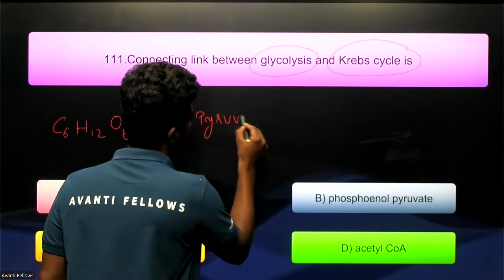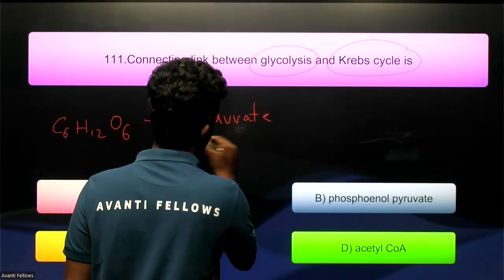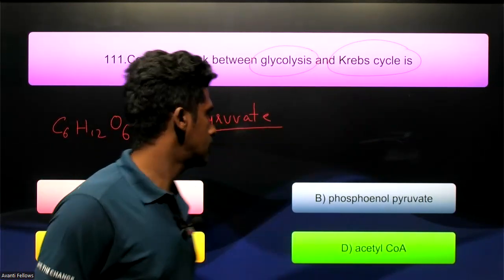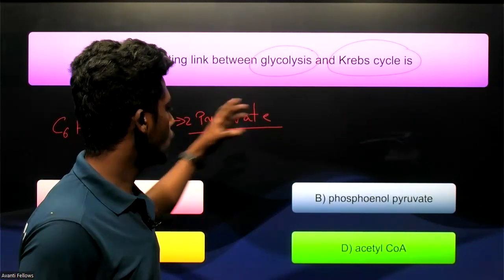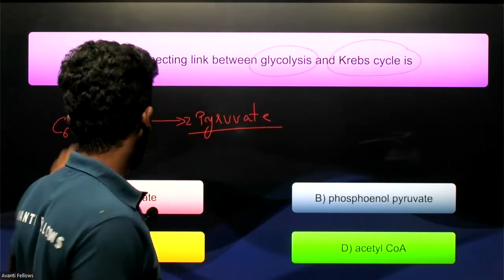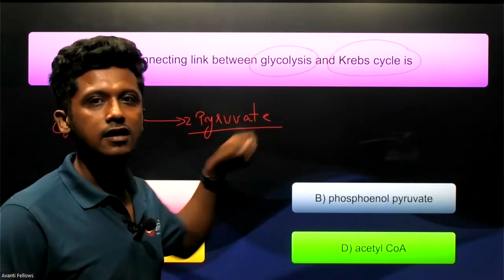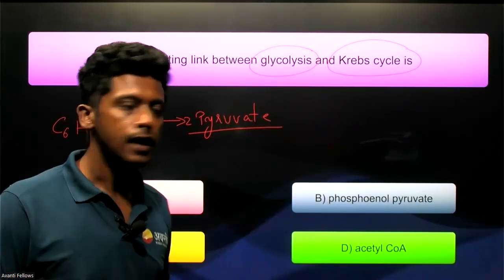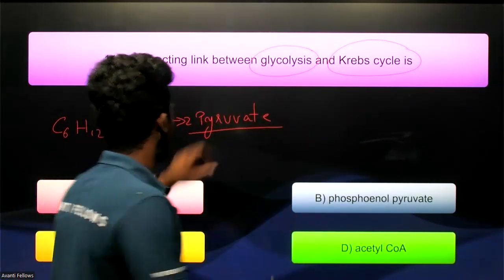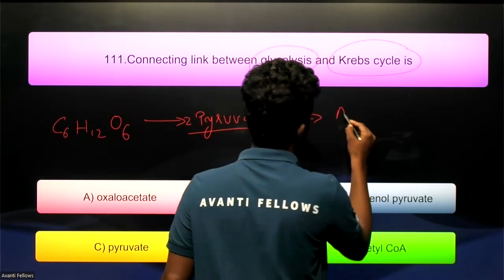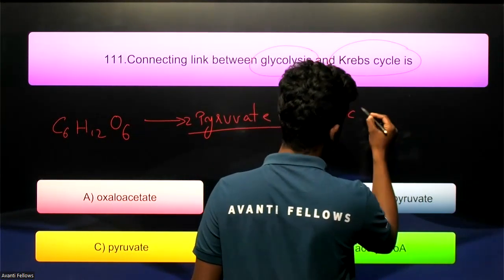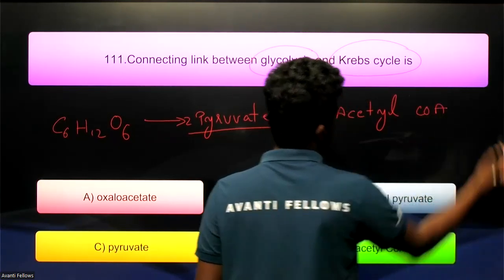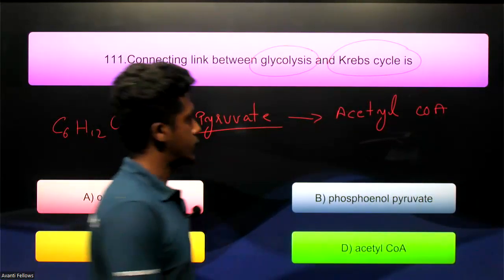Okay. So this pyruvate, before going into the Krebs cycle, is converted into acetyl CoA. As it is converted into acetyl CoA, it enters the mitochondria, and then in mitochondria, the Krebs cycle will take place. So this pyruvate is converted into acetyl CoA, and this acetyl CoA enters the mitochondria.